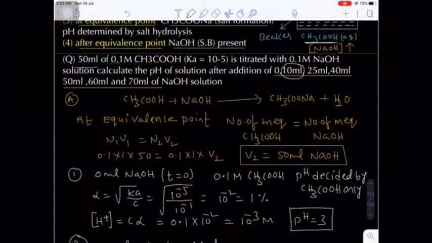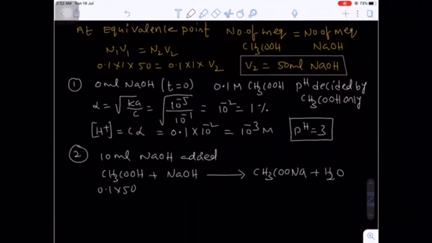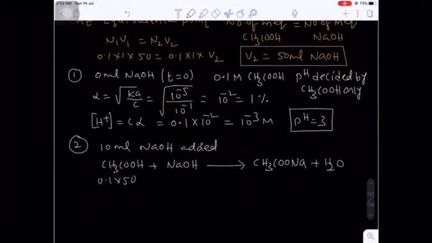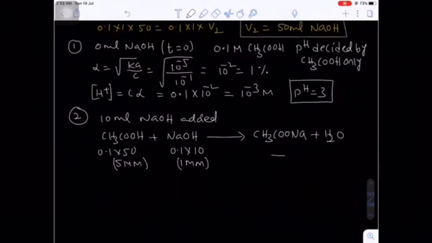Now how many millimoles of acetic acid will be present? 0.1 molar and 50 ml given in the question. That is nothing but 5 millimoles. Now 10 ml we are adding, so that is 1 millimole.